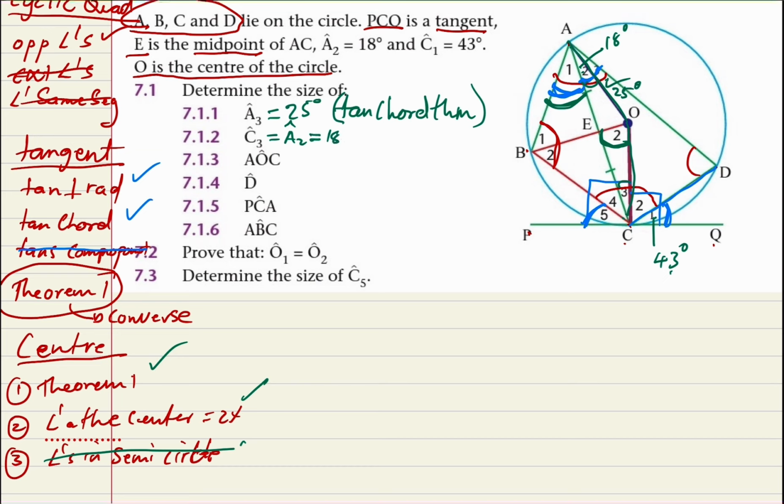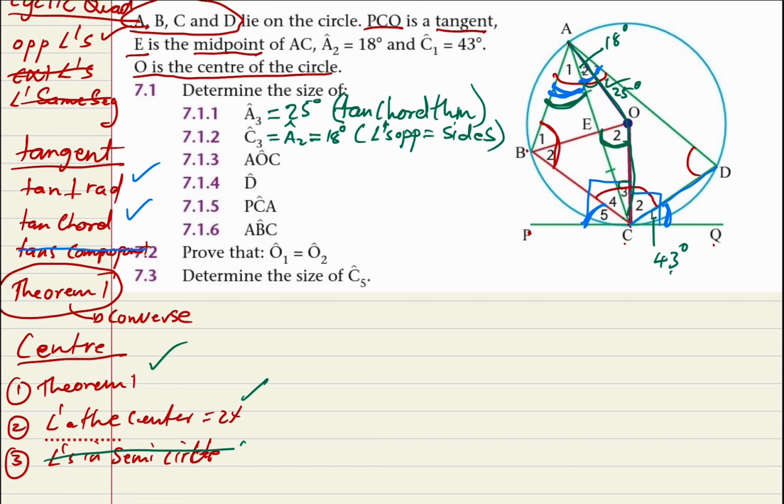The reason is angles opposite equal sides. Okay, I hope now you are following me, guys. I'm trying to digest this with you so that you see it.